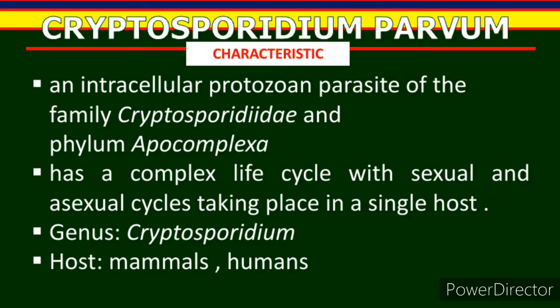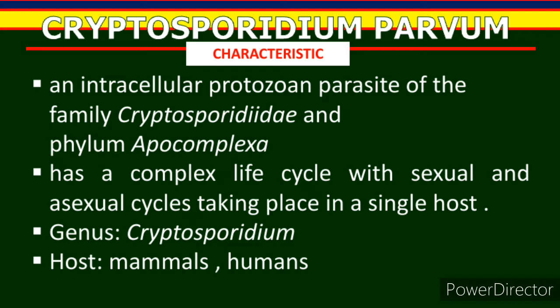Looking forward to the characteristics of Cryptosporidium parvum. It is an intracellular protozoan parasite of the family Cryptosporidiidae and phylum Apicomplexa. The family Cryptosporidiidae contains one genus, which is called Cryptosporidium.